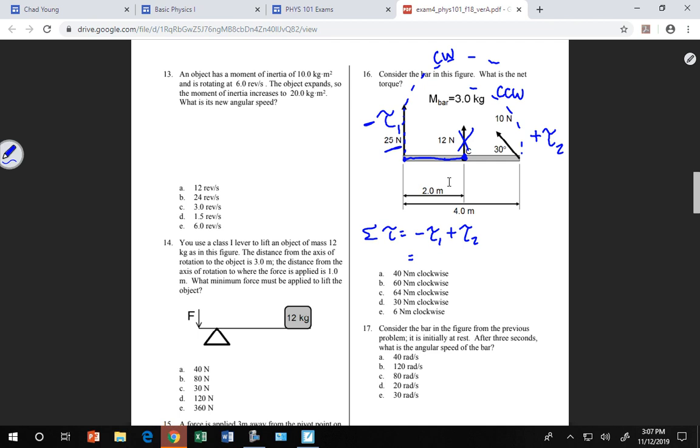So that's 25 times 2 meters plus the force, which is 10 newtons, 2 meters, sine of 30. And so that's equal to negative 50 minus 10, negative 40 Newton meters. And so it's 40 Newton meters clockwise. Hopefully that's easy for you. So we had that on the last test.